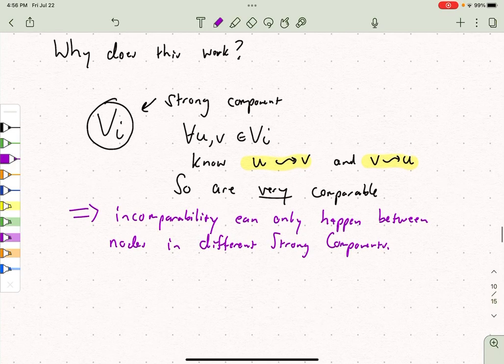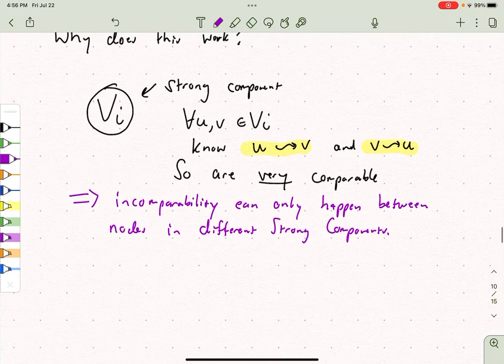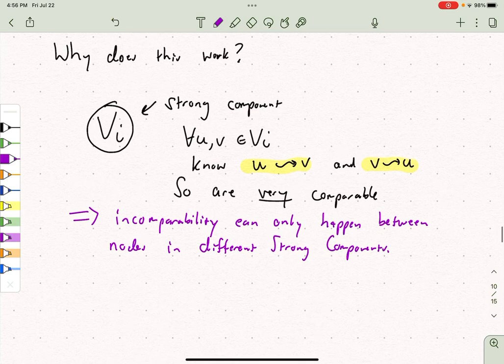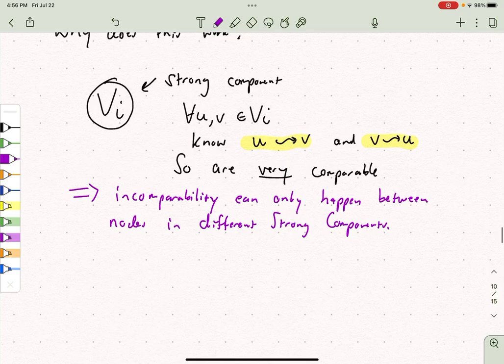So if we know that, then it's equivalent to just check that two meta nodes are incomparable or not. It's exactly the same as checking individual nodes in pairs of strong components are comparable. So this implies the algorithm's correct.